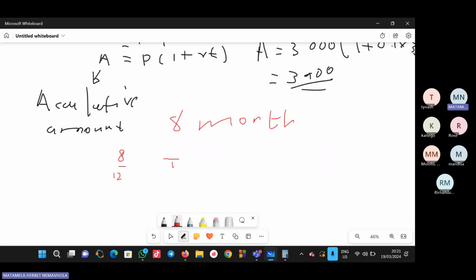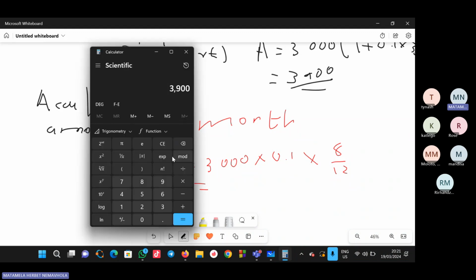So if I want to calculate my interest, I'm going to say I equals P, which is 3,000, multiplied by R, which is 0,1, multiplied by 8 divided by 12. You must remember that. Now you can use your calculator to calculate your interest, which is going to be 3,000 multiplied by 0,1 multiplied by, maybe we can use brackets again, brackets 8 divided by 12.